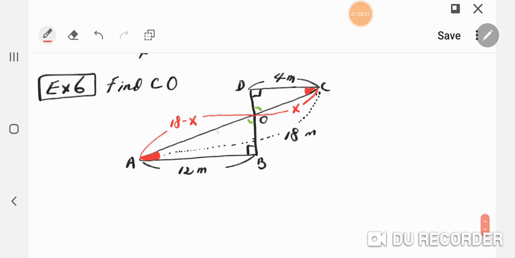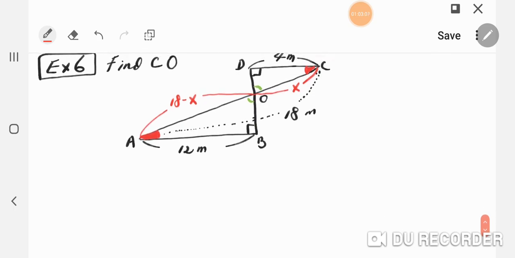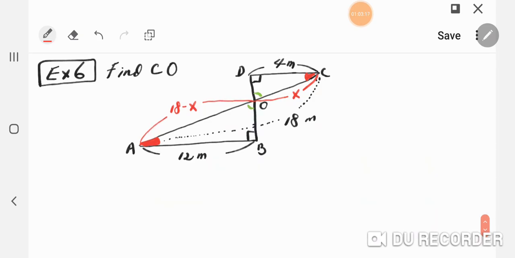So the length of OA will be the total minus x, 18 minus x. So using these two similar triangles, let's write an equation using proportion. So why don't we use the smaller triangle?